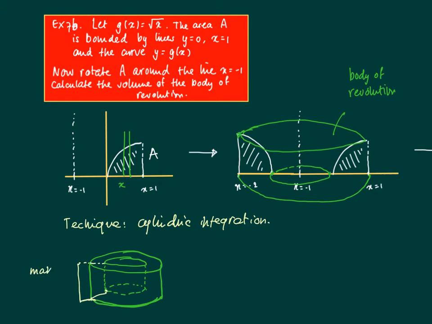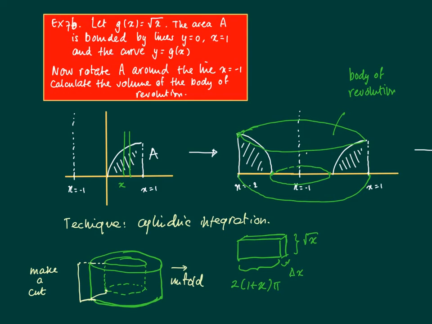Now we make a cut in this green picture and we unfold this green thing, and then the volume it takes is estimated by a rectangular figure with height square root of x, thickness delta x, and we estimate its length as the circumference, basically in between the small circle and the larger one, which is 2 times 1 plus x times pi.